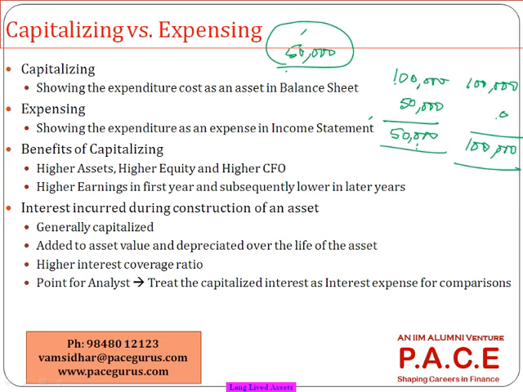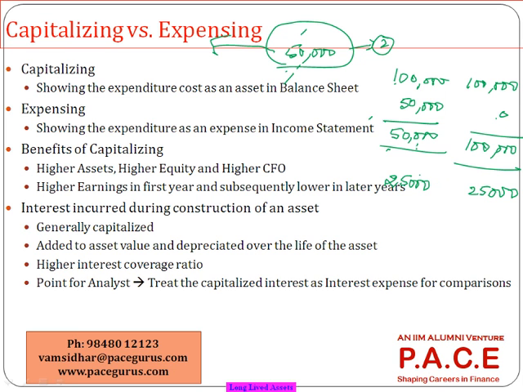Correct? Now, when I am capitalizing it, this 50,000 will go into the assets. If 50,000 goes into the asset, that asset has to be depreciated. Because we think it has a 2-year life, we'll put 25,000 as the cost for 2 years, instead of putting 50,000 as the cost for 1 year.